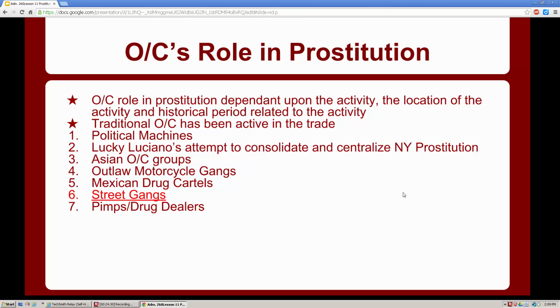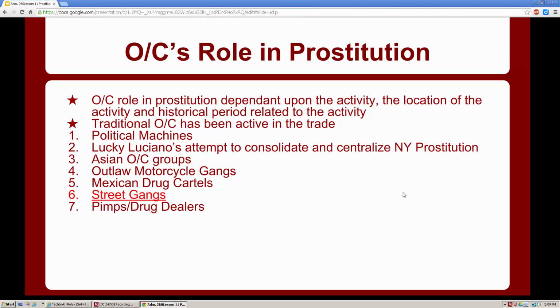You had Lucky Luciano from our major mafia families in New York. He tried to take over and consolidate or centralize New York's prostitution. That's the thing that got him arrested and jailed for over 10 years, a prostitution charge.